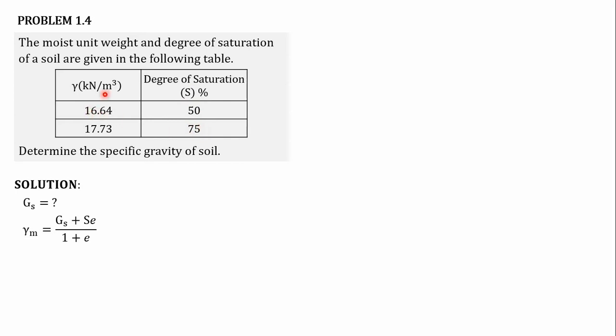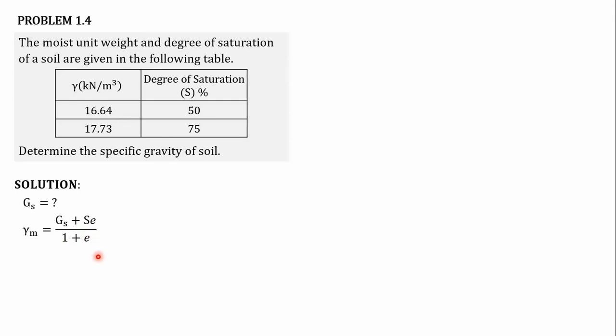Therefore, the soil state is in moist condition because greater than 0 and less than 100% yung degree of saturation niya. So, therefore the unit weight of moist is equal to (Gs plus Se) over (1 plus e) times gamma w.